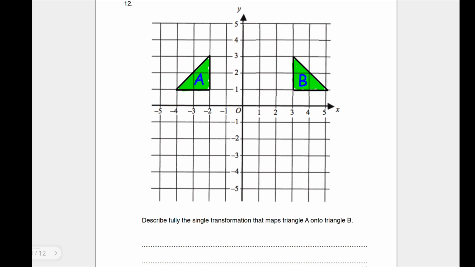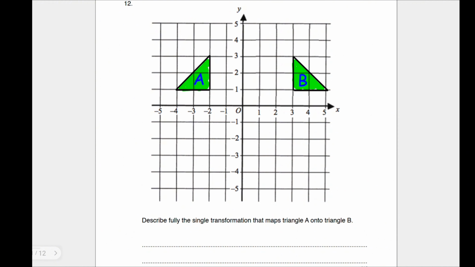Question 12. Describe fully the single transformation that maps triangle A onto triangle B. Pause this video for a moment and try to solve this question by yourself. Alright, welcome back.